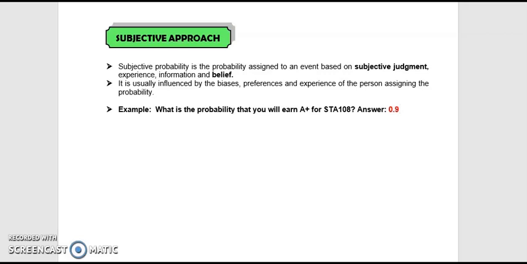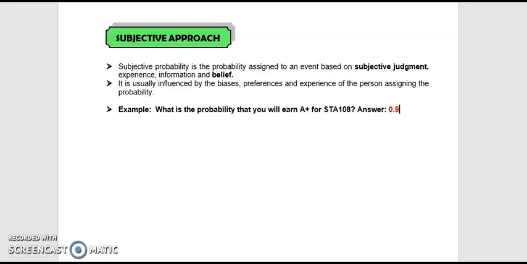Or if I ask you, what is your probability that the MCO will last until the end of June? Based on your judgment or your current situation, maybe you can answer 0.7. Why 0.7? Because later on will be Hari Raya, will be Gawai, so there is a high possibility the new cases of COVID-19 will rise.